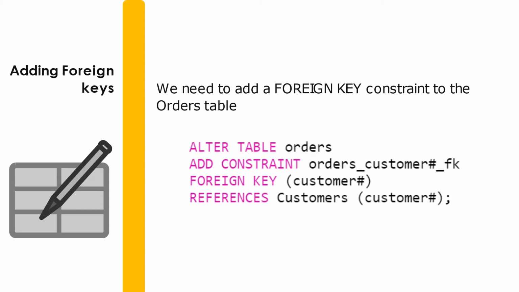We start with the alter table keyword, the name of our child table, in this case the orders table, the add constraint keyword, the name of our constraint, the foreign key keyword, the column name in the orders table that we would like to add the constraint to, the references keyword, the name of the parent table that we would like to reference with our foreign key, and the primary key in that table.